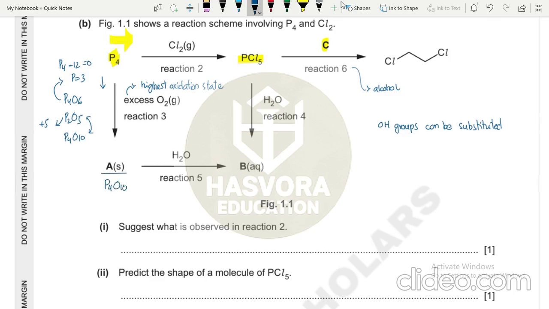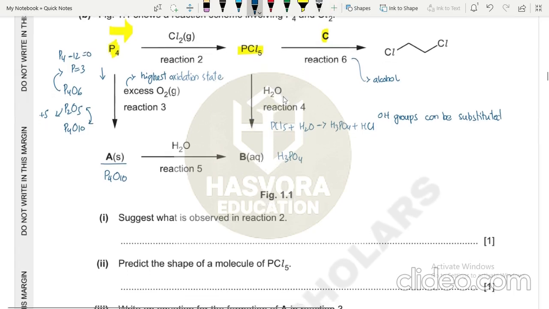Now they are reacting this with H2O, so it will dissolve to form phosphoric acid, H3PO4. And if we react PCl5 with H2O, it will form H3PO4 plus HCl. So this is actually the common product. It is written B is aqueous, so it will be H3PO4 for sure.